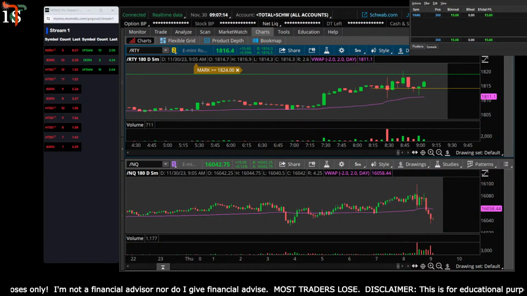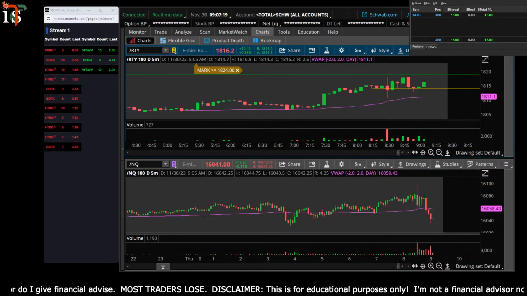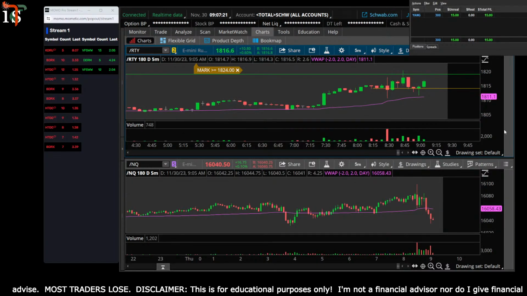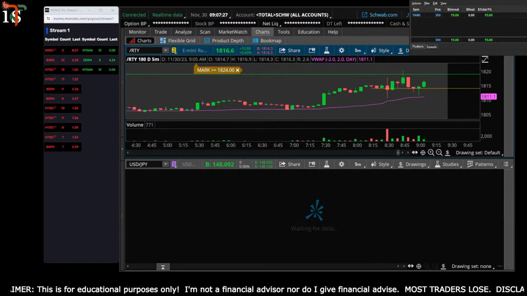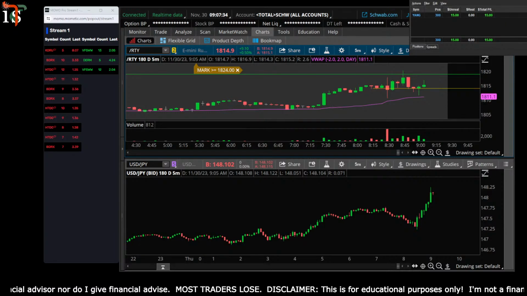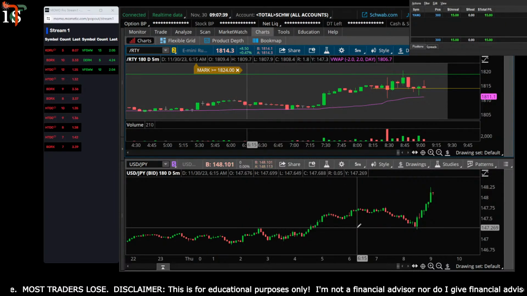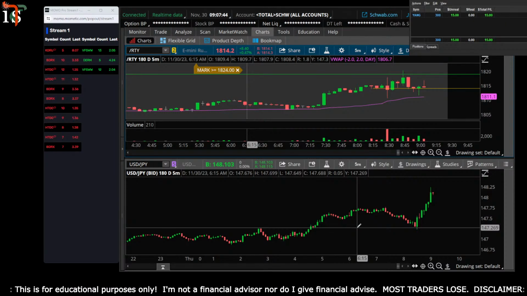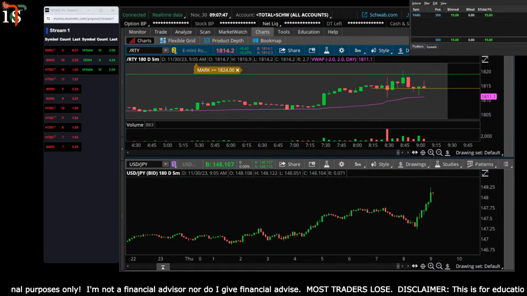Could see a little pullback here on the US yen, but I'm not seeing anything that I'm real excited about. Let's see, US yen. Yeah, I don't see anything that I want to put a trade on yet. We'll keep an eye on it.